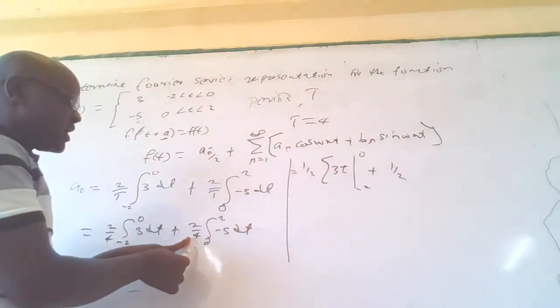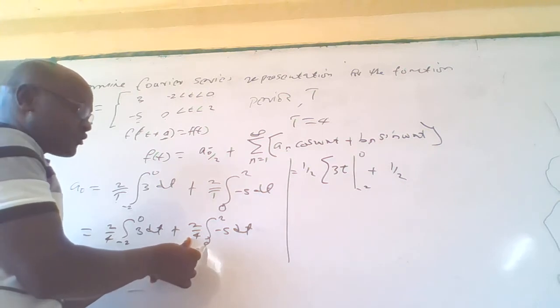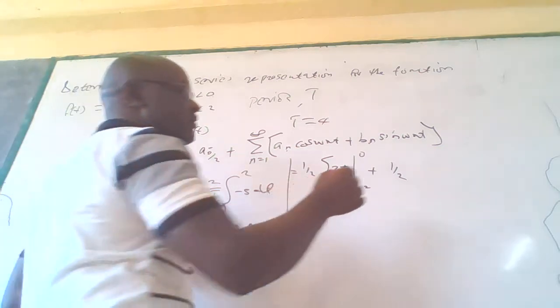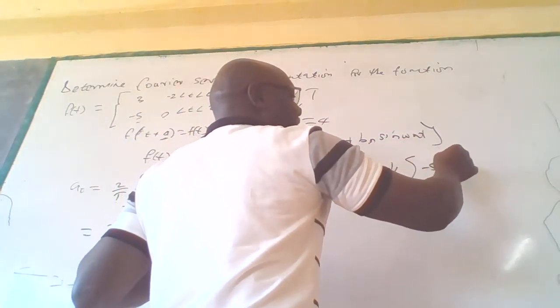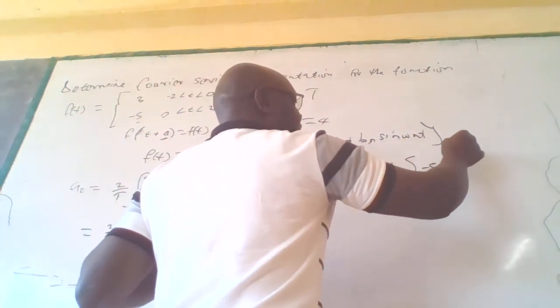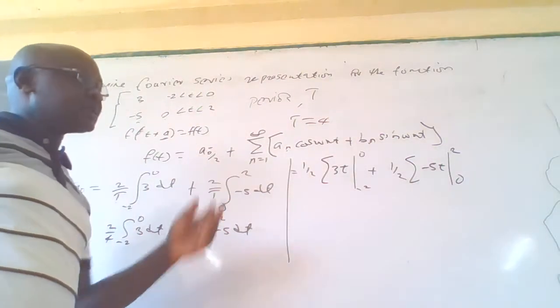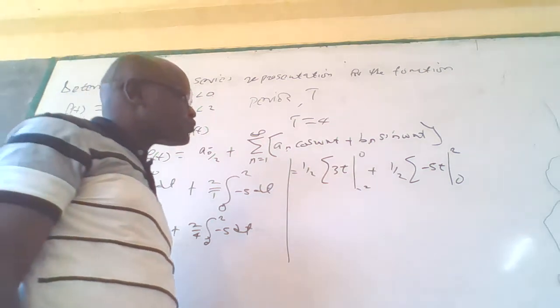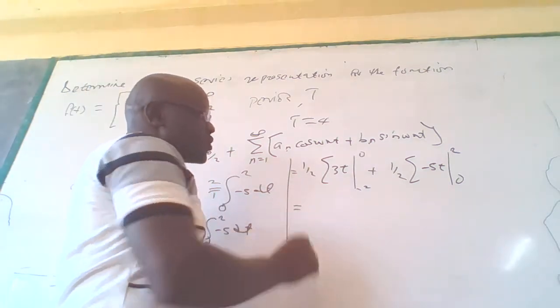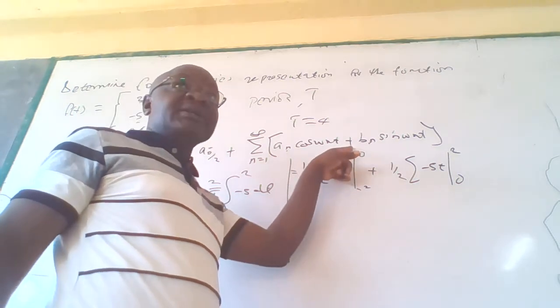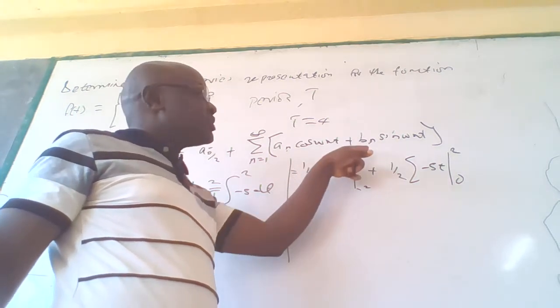Then plus a half, integrating from 0 to 2. So we integrate -5, and we have -5t from 0 to 2. This equals, we now substitute the limits. We start with the upper limit. When there is t, put in the upper limit.